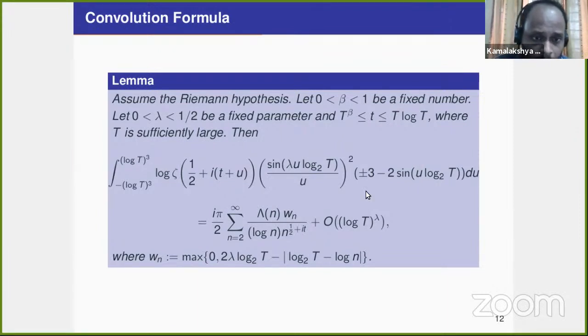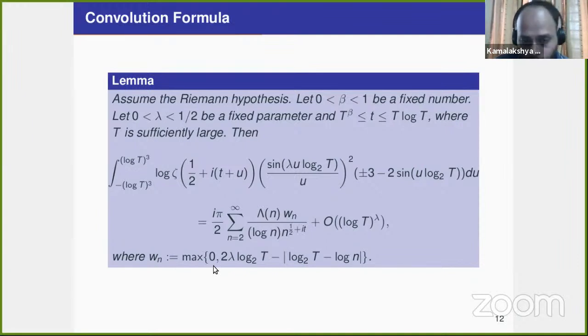On the right hand side, we have a Dirichlet series. Note that w_n is equal to max of 0 and 2 lambda double log t minus the absolute value of double log t minus log n. So this w_n has a compact support.